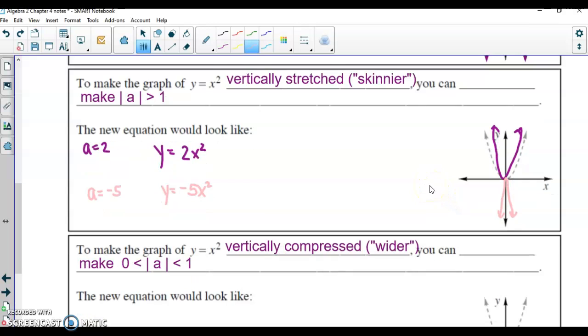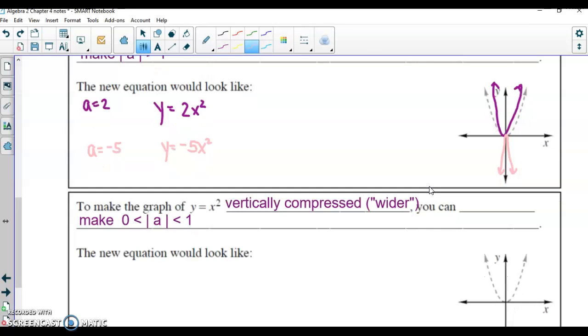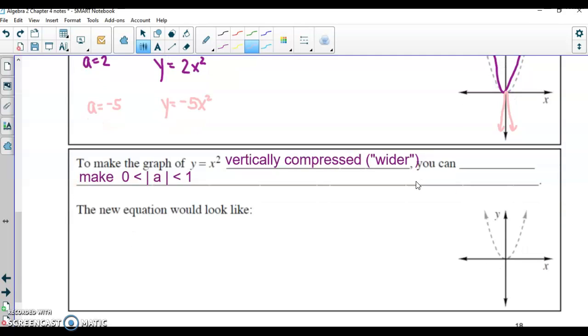A can also make it vertically compressed. So think about compressing, like I step on a grape. What happens? It becomes smushed. It becomes wider. It presses it out. That happens when the absolute value of A is between 0 and 1. It becomes a fraction.